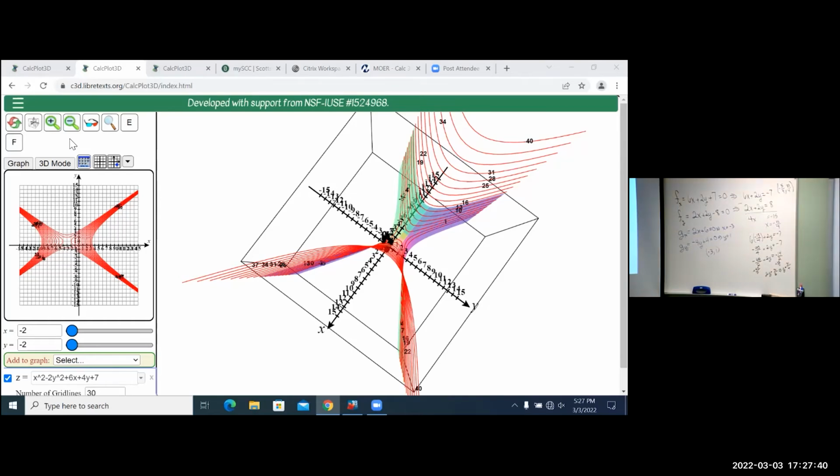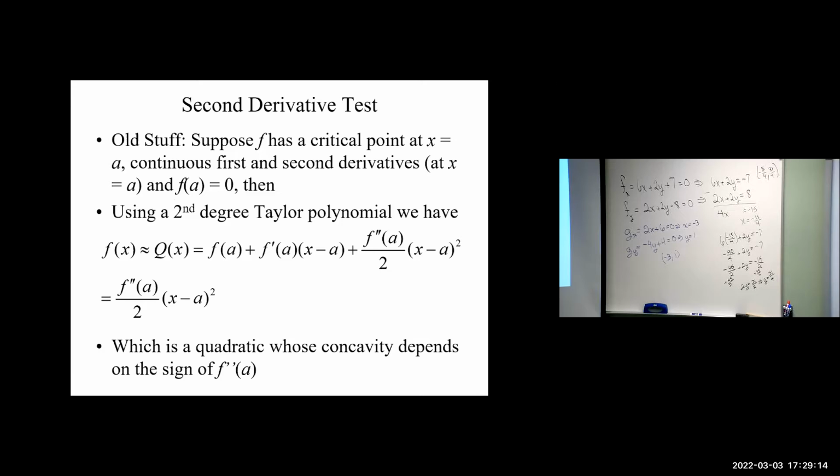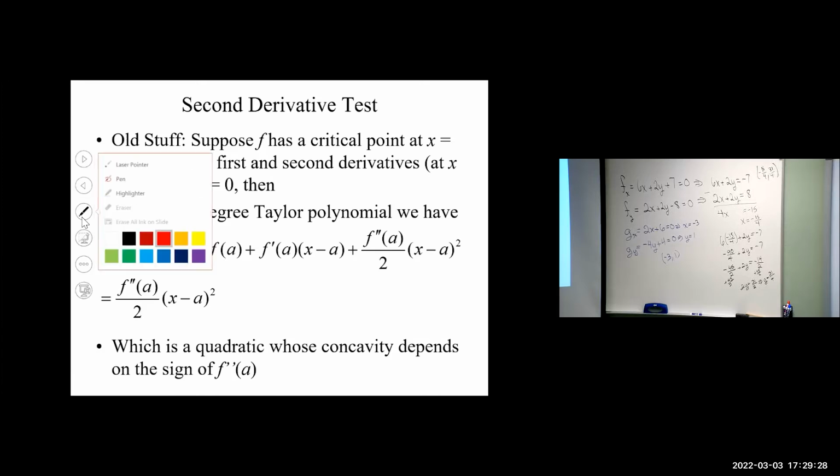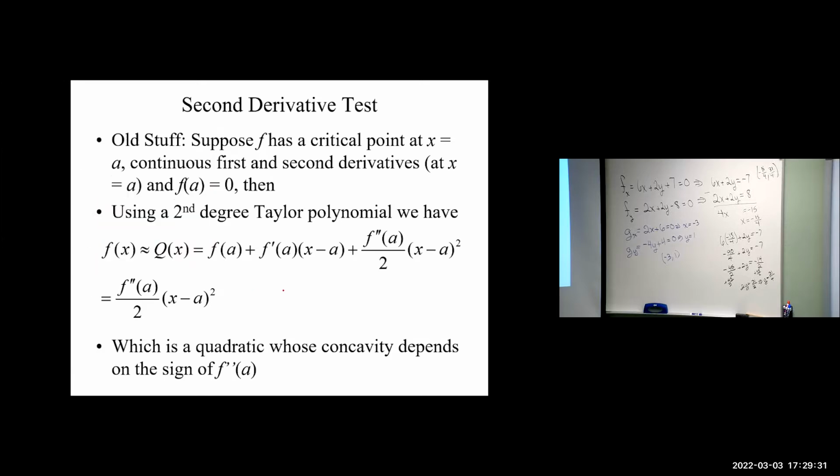If you can remember back to Calc 1, there was a second derivative test, but most of the time we use the first derivative test. But where the second derivative test comes from is basically a second degree Taylor polynomial. For single variable calc, basically all we look at is the sign of the second derivative, because if the second derivative is positive, we have something that's concave up. And I don't think my annotations are still working today. Yeah, we have something that's concave up.